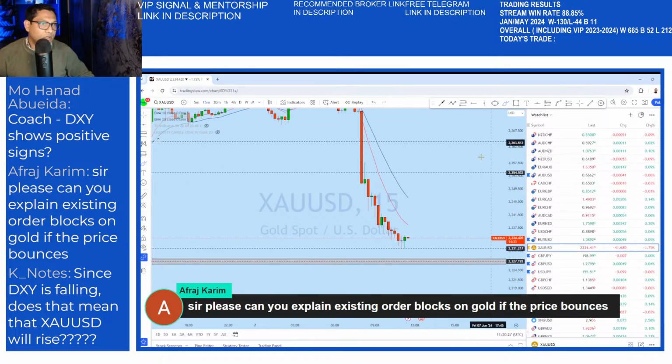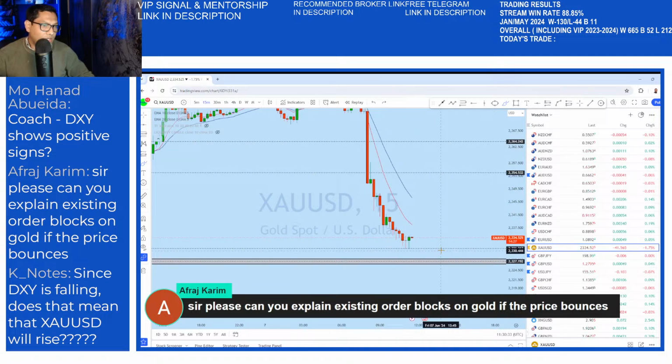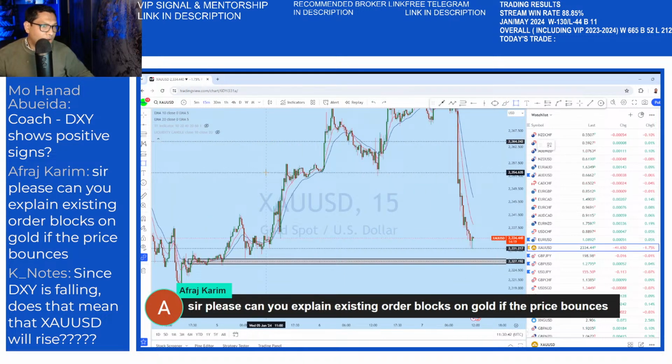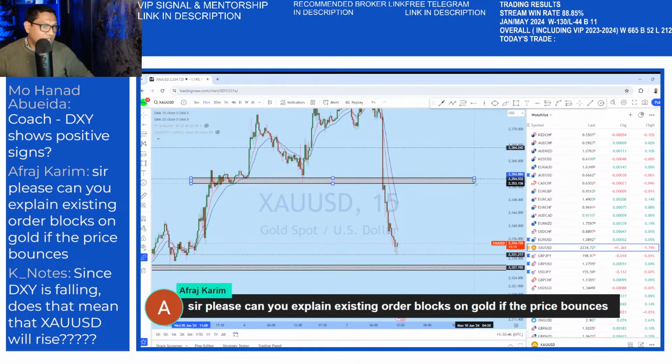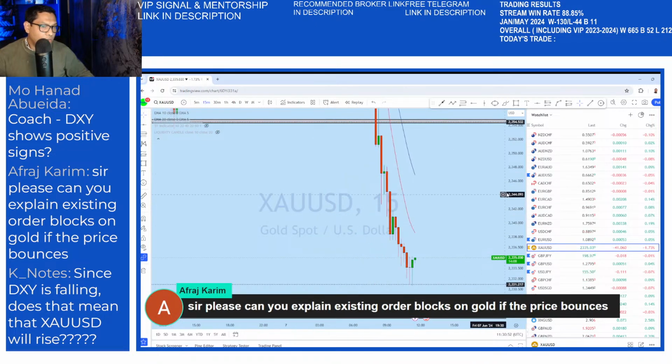Because the downtrend is exhausted, we might see a deeper pullback or a break of structure. And if the market goes for a break of structure, this is where the market is giving us a potential trading opportunity.